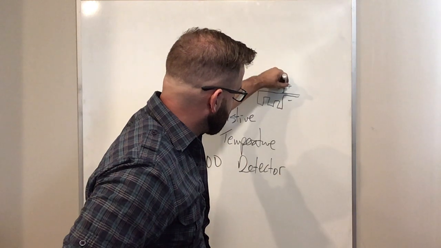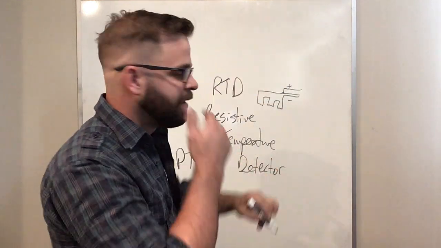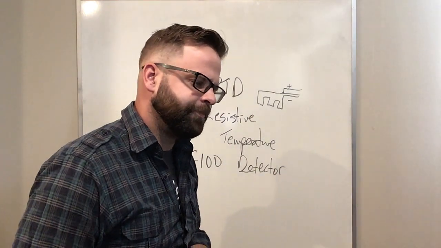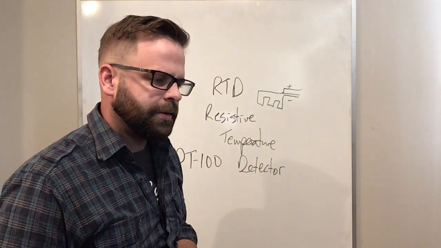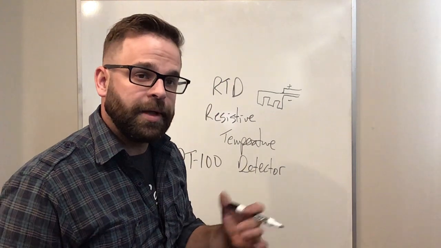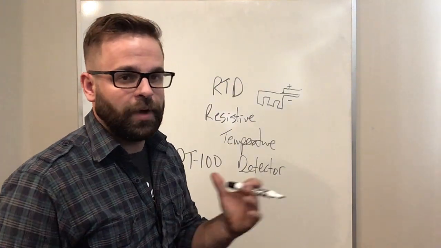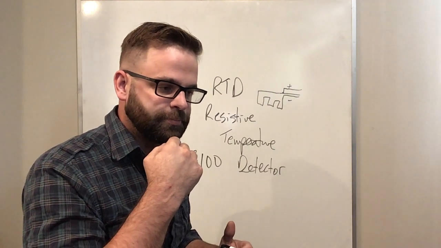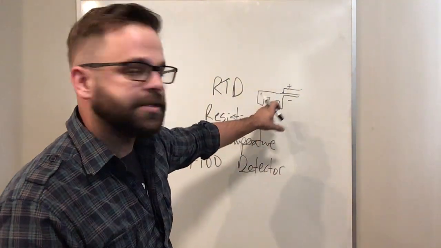A 3-wire one would have an extra one coming off, and it reduces your error that might be in the wire, because now I have two different wires that end up seeing what that resistance is, not just one.